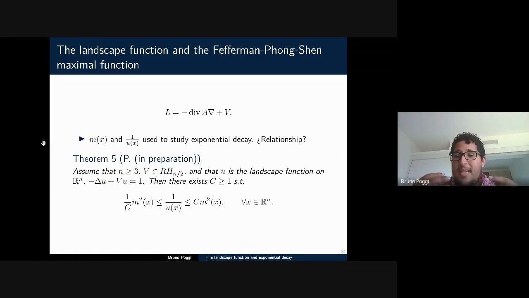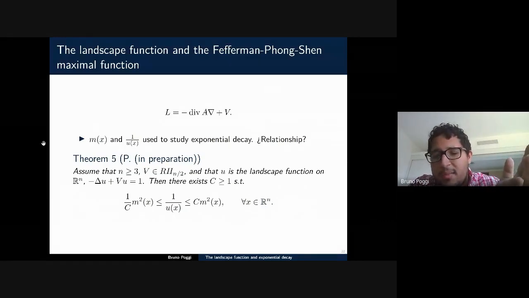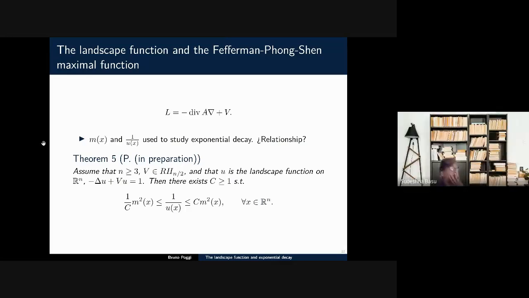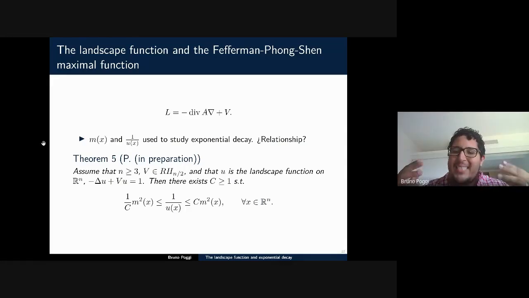Because, for instance, if V is essentially bounded, then U is a locally Holder continuous function. So, generalizing this idea and also regularizing it, smoothing it a little bit.